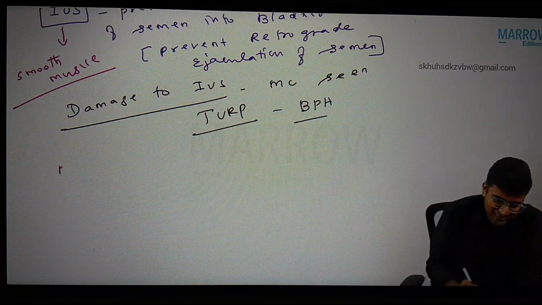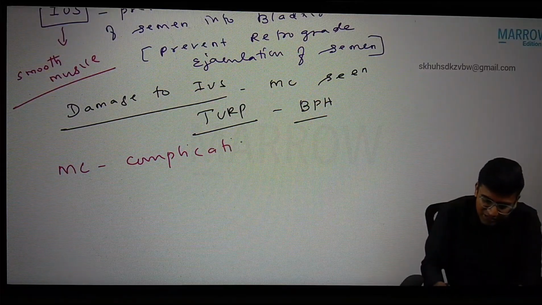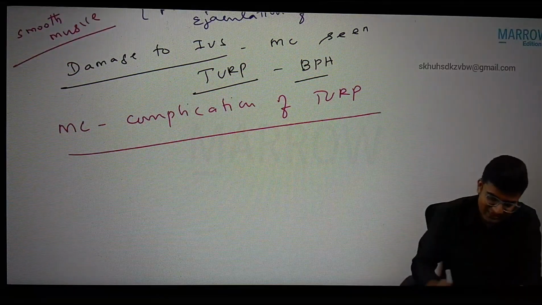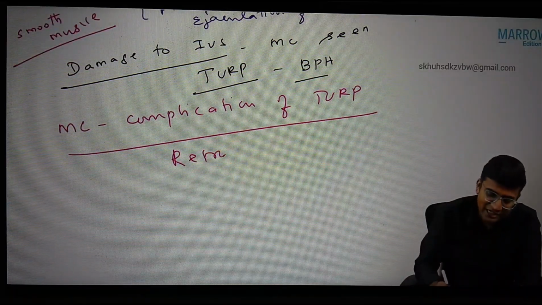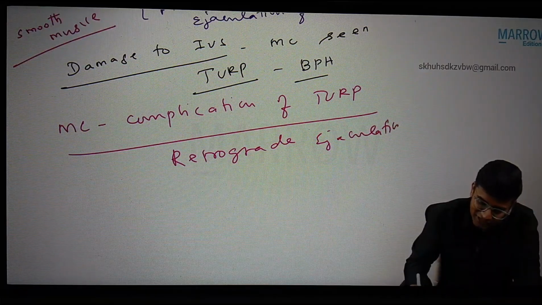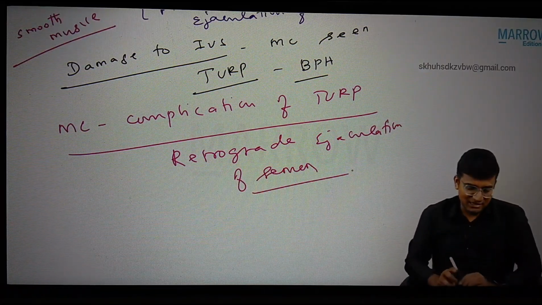So in the exam they will ask you, what is the most common complication of TUR procedure? Retrograde ejaculation of semen.